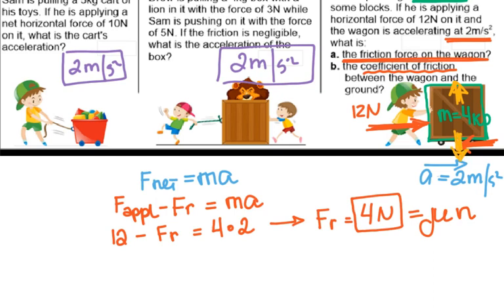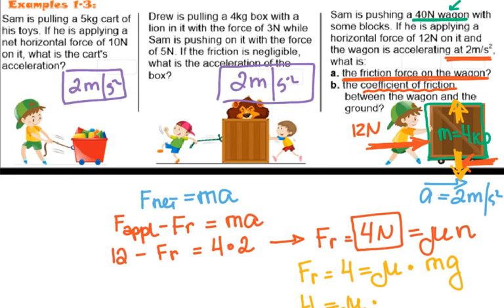They cancel each other. So I can say that the friction force is equal to 4 and equals mu times mg, because my normal force is equal to the force of gravity. This is what they were giving me, correct?